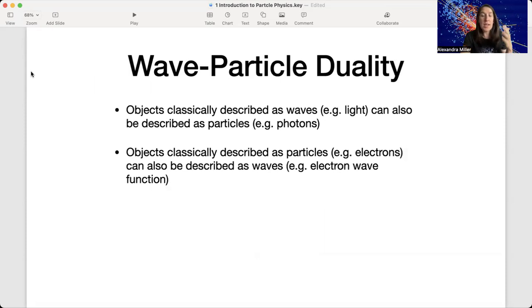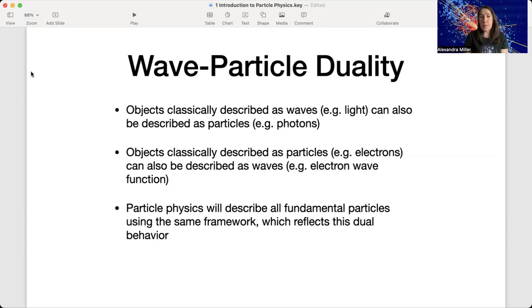On the other hand, objects that perhaps classically we thought of as particles, like electrons, can actually also be described as waves. And so in quantum mechanics, you might have learned that you can describe the position of an electron by a wave function, right? Rather than saying the electron is at one point in space, we have some wave function that is describing a probability distribution for where the electron might be.